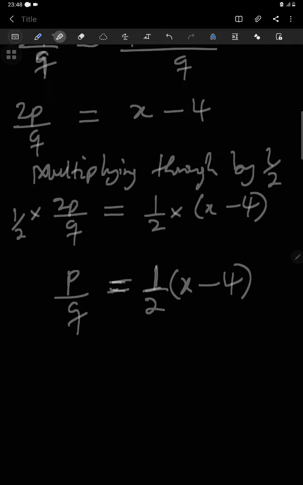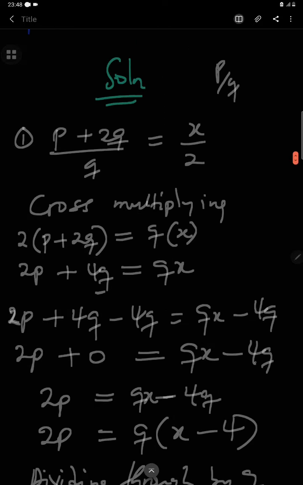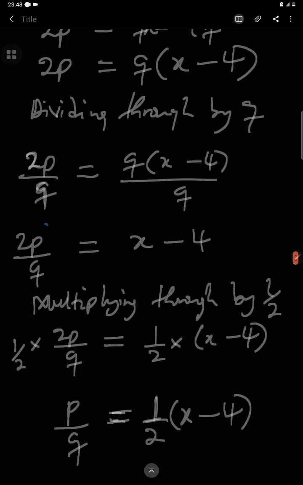At this juncture, somebody could have also chosen to divide both sides by 2, and you would have gotten the same answer. So for such problems, that is an interesting way you can solve it.